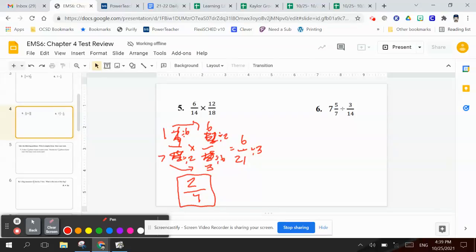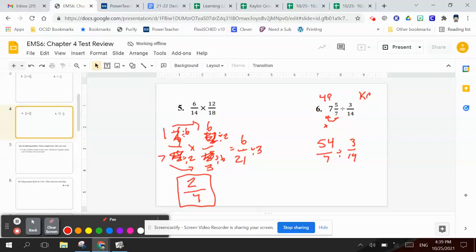Number 6 is 7 5/7 divided by 3/14. So again, I've got to use my MAD method. I take 7 times 7, which is 49, plus 5 is 54 over 7, divided by 3/14.